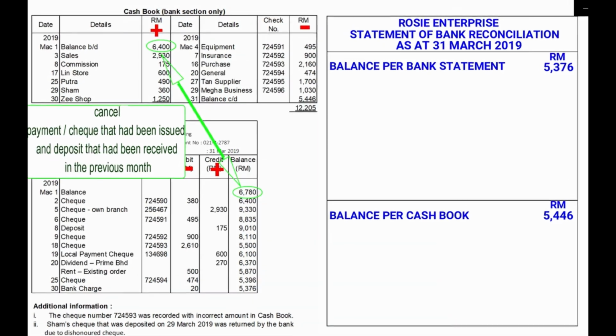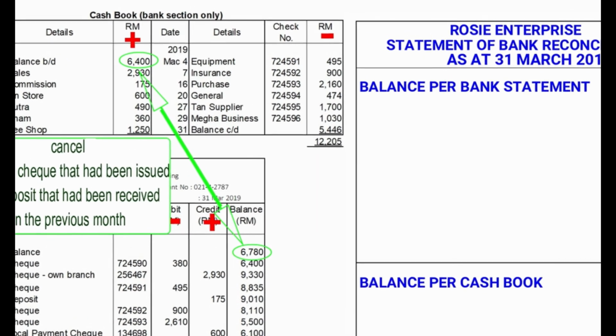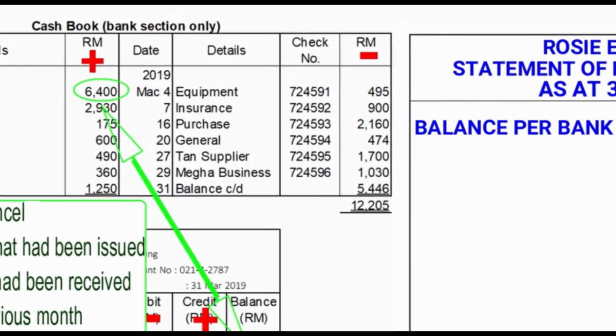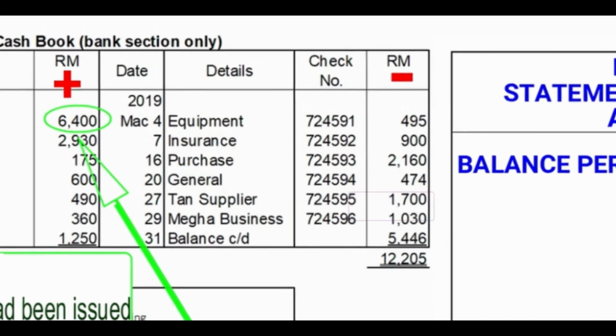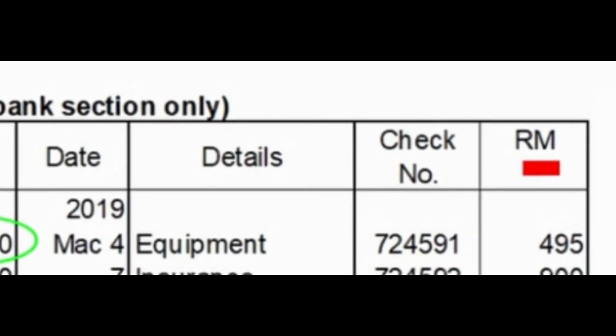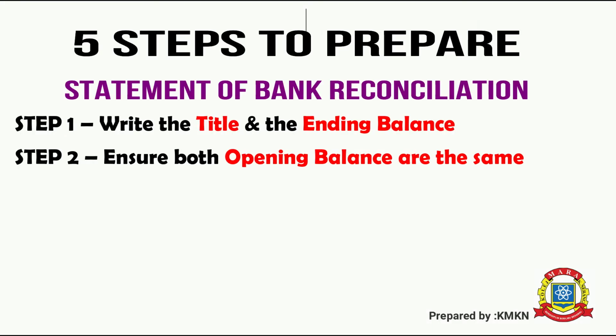For example, here, the check that had been issued in the current month starts from 724,591. Therefore, we need to cancel the check number 724,590.